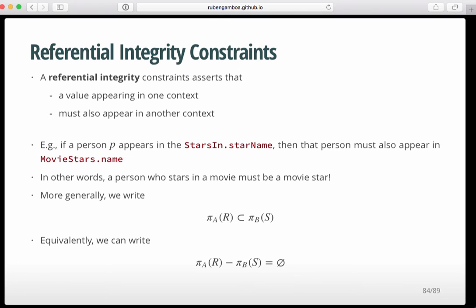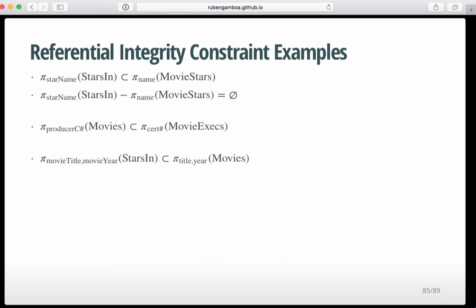Well, I could have written it this other way, right? This is the same. If I take the set of all values of A and I take away the set of all B values, I end up with nothing, right? So that's why I said earlier that you can specify all of these constraints in two ways. Sometimes one is easier than the other, so that's why it's good to know both.